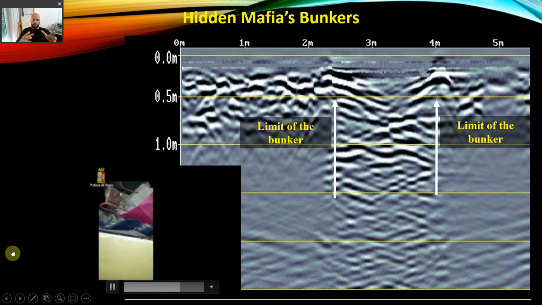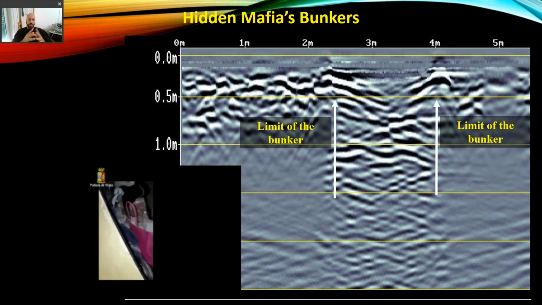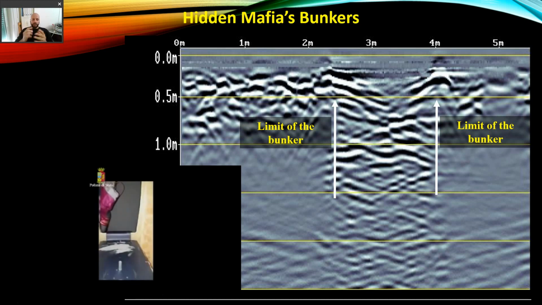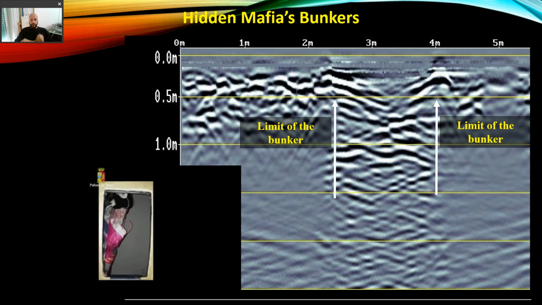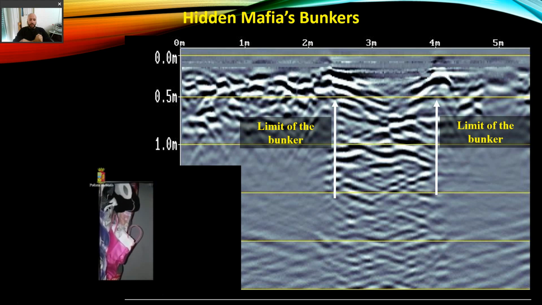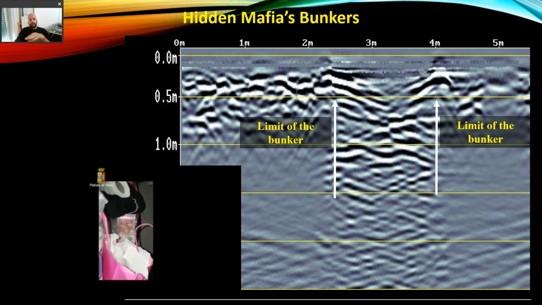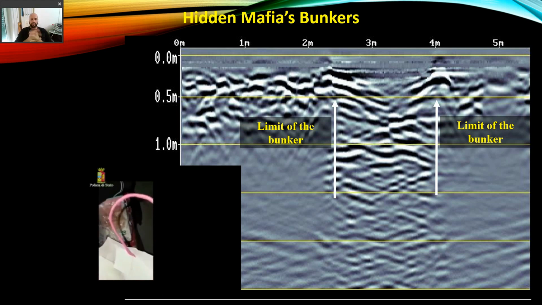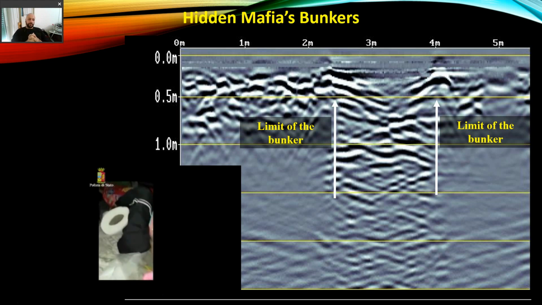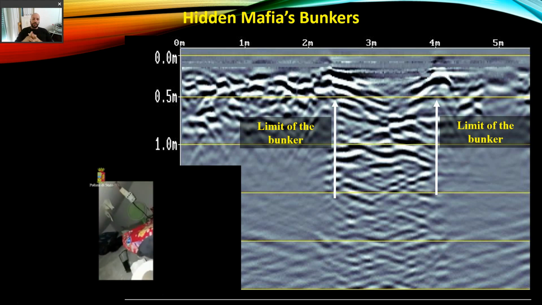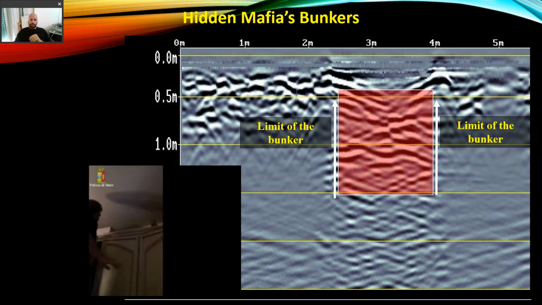The entrance of this bunker, as you can see now from this video, is exactly the size of a wall safe that you can find in several houses. Inside you have space exactly for the body of the mafia criminal, with some stuff necessary to live.